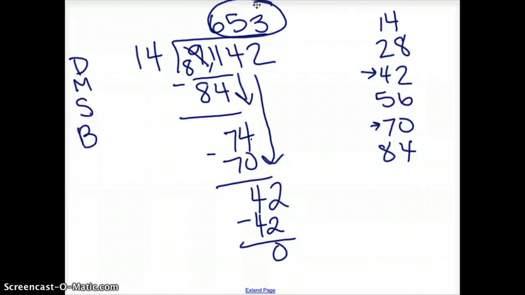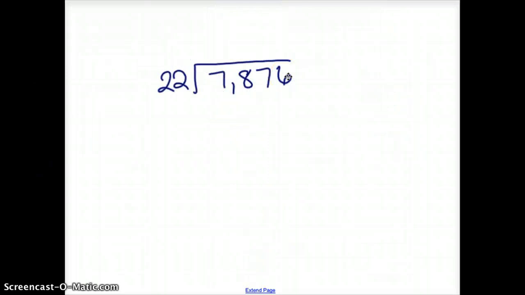Alright, let's try one more together. Alright, 7,876 divided by 22. I'm going to write my steps over here. And my first step is come up with all the multiples of 22.